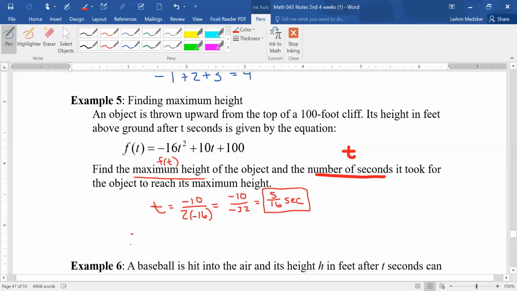And that height, since we have to plug it in as a fraction, we'll have to work this out. And you can use your calculator, but I'm going to work it out by hand. Plus 10 times 5/16 plus 100.